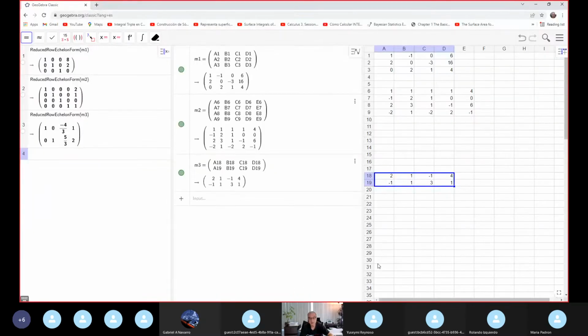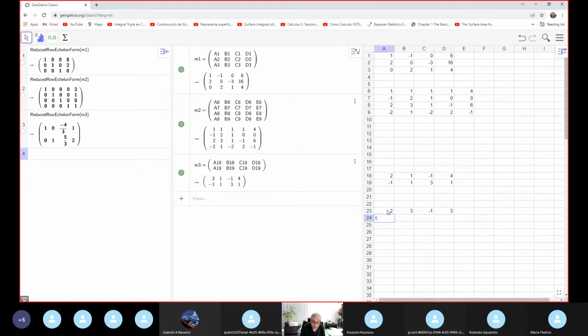Do you see Geogebra or no? Yes. Okay. 2, tab. 3, tab. -1, tab. 3. Enter, to change the line.